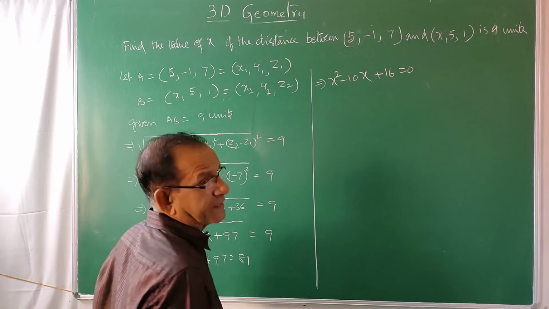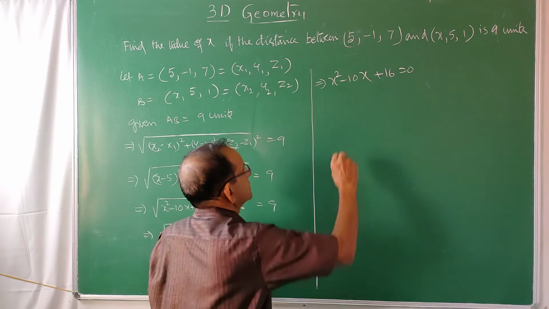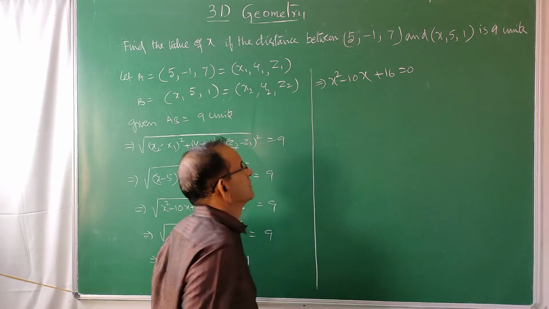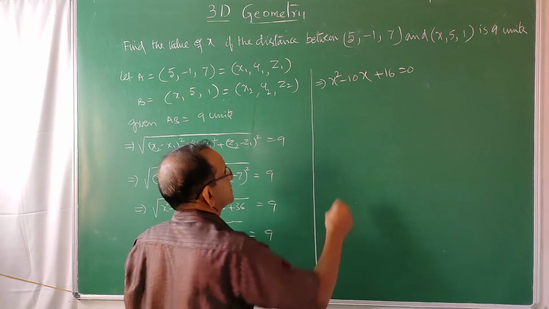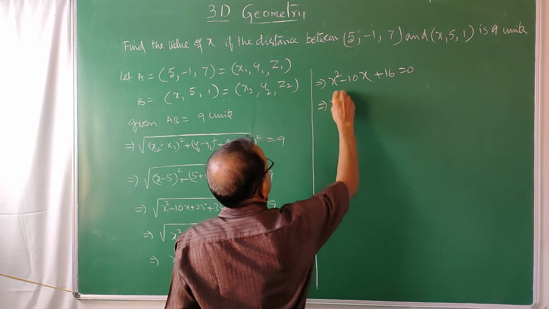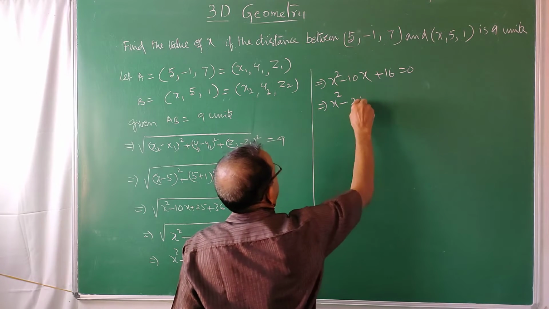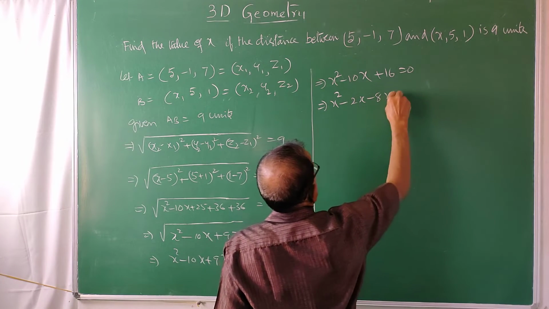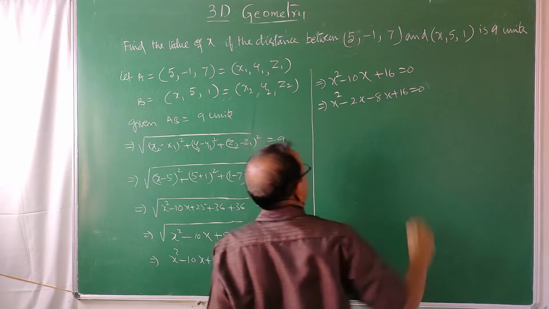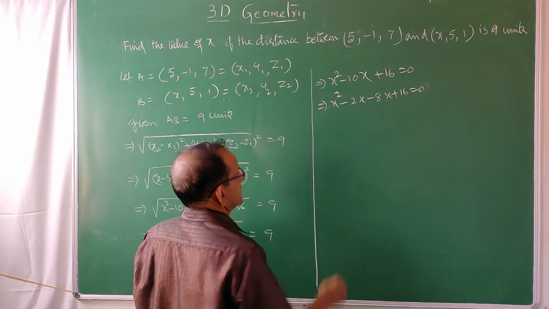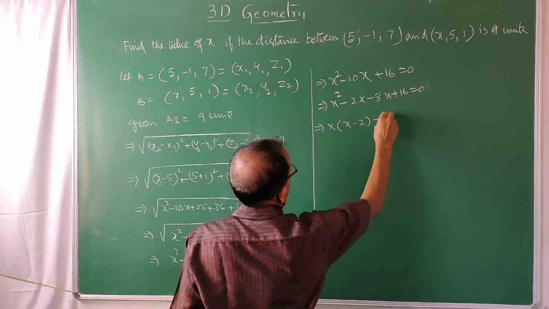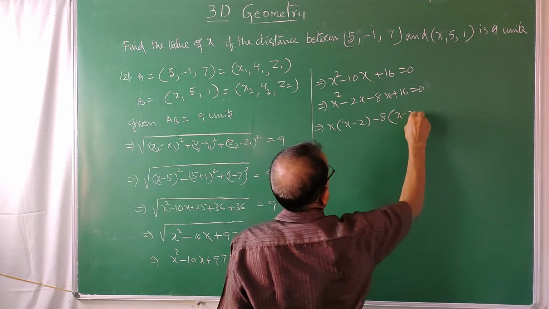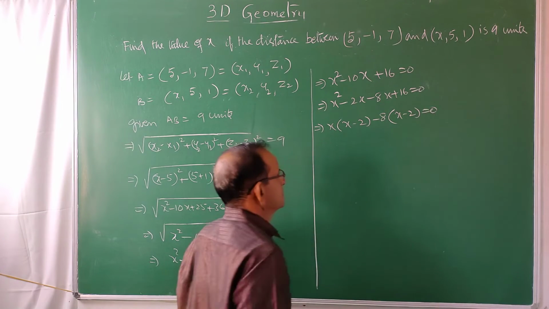Now I have to factorize this quadratic equation: 16 is 2 into 8. So x² - 2x - 8x + 16 = 0. Taking x common, x(x - 2) - 8(x - 2) = 0.